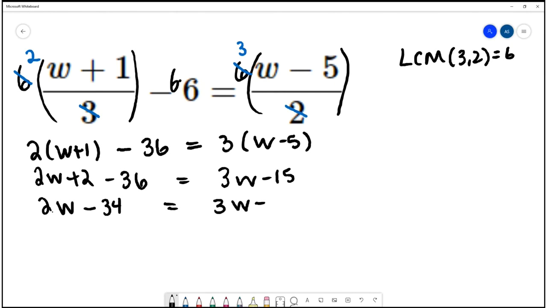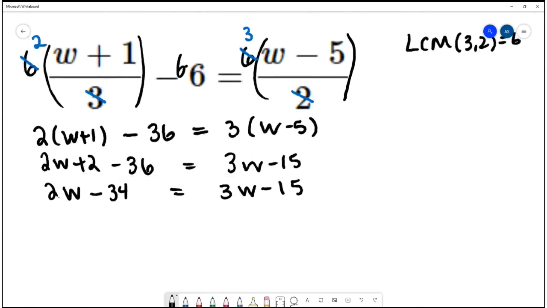And we'll carry down the 3w minus 15. I've got variables on both sides of the equation, so I'm going to collect the variables on the left. I'll subtract 3w to do that. This gives negative w minus 34 equals negative 15.